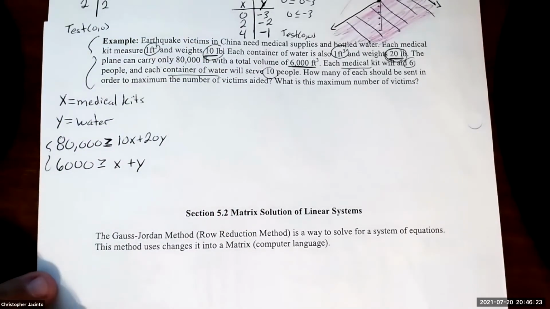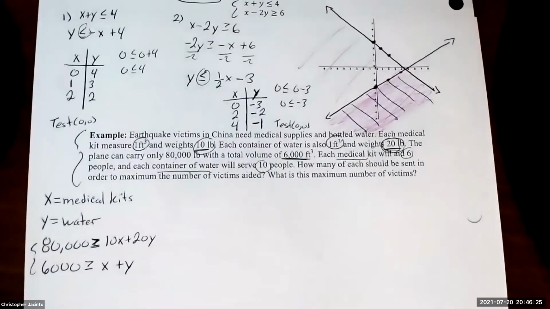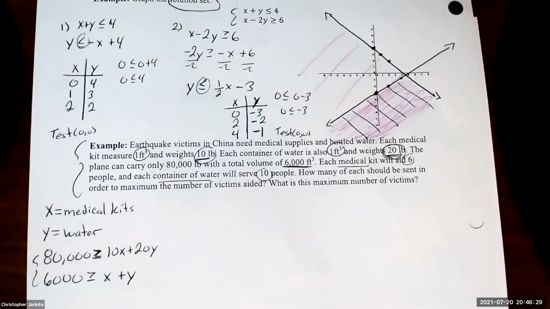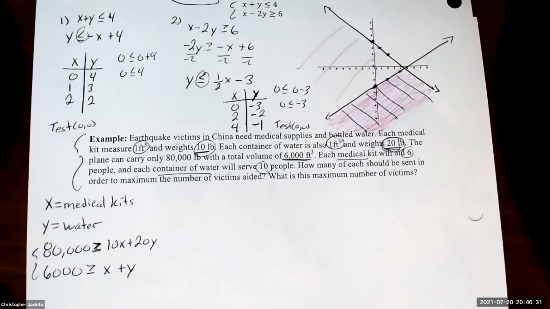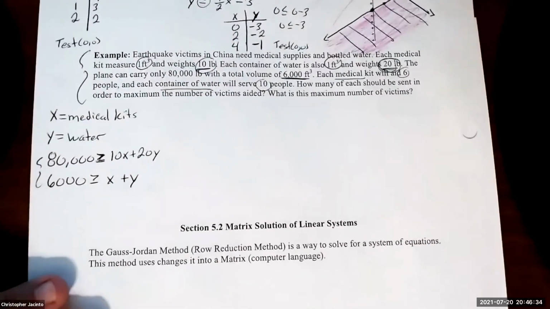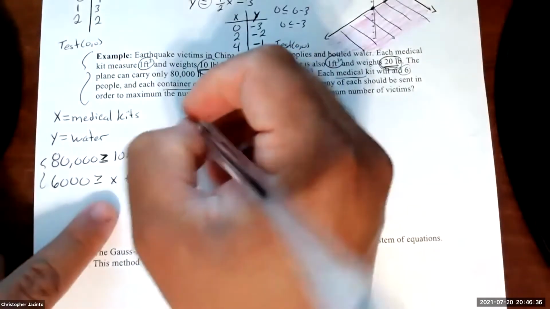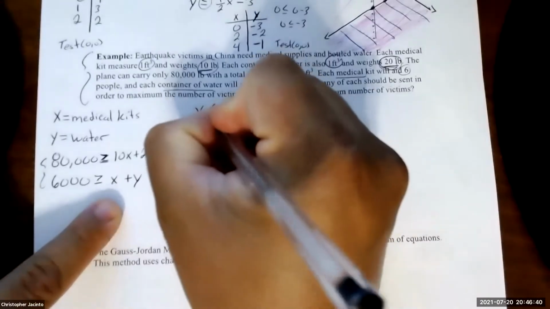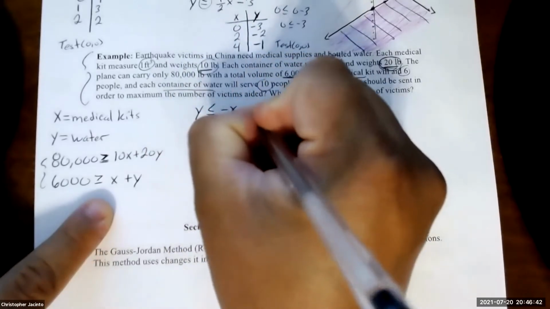Fun stuff, right? But again, all we're going to do is the exact same thing we did on top. Graph each one individually and see where they overlap. Okay. So let's do each one. So this one we can just solve for y. So it's going to be y is less than or equal to negative x plus 6,000.